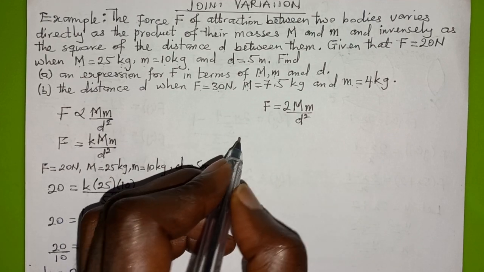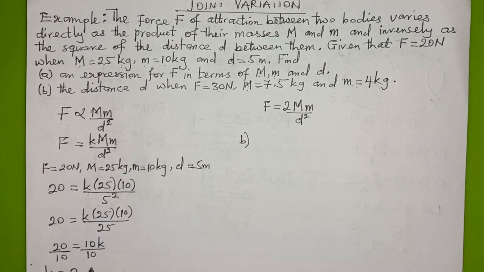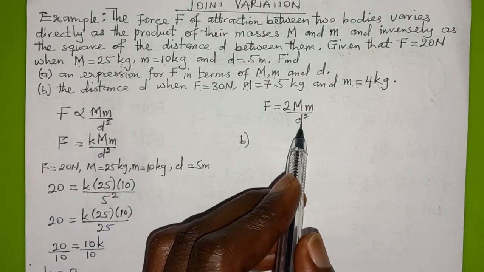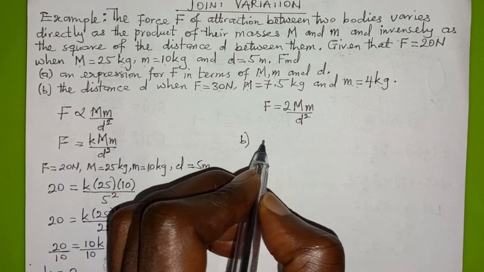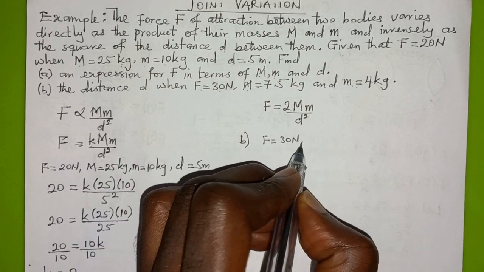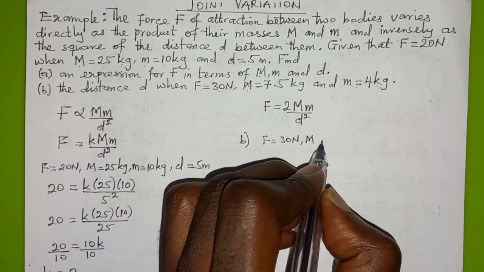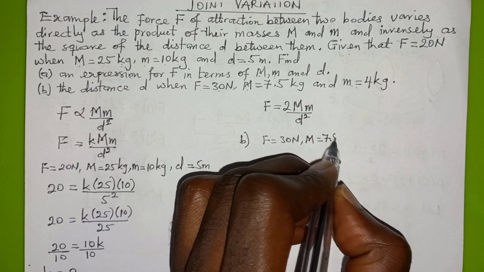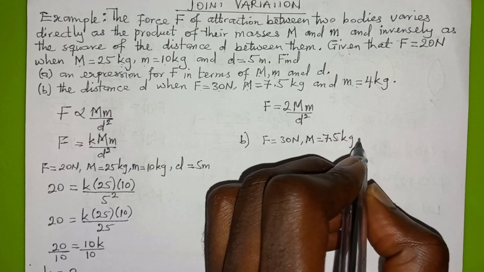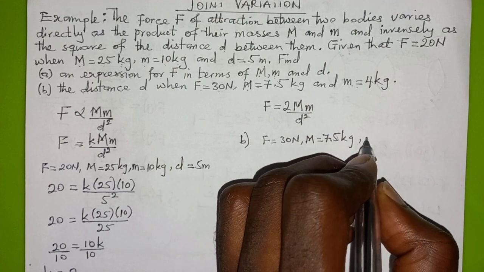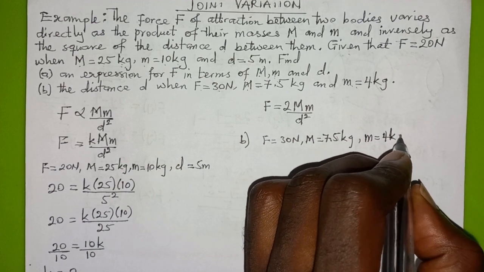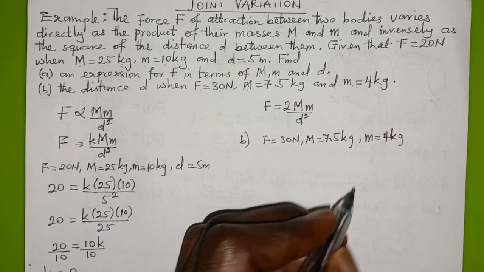Now let's move on to B. The B is saying that we should find the distance, which is our d here, when our F is 30 newtons, our M being 7.5 kg, and our smaller m, which is the mass, is 4 kg.